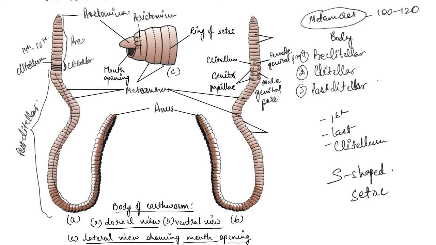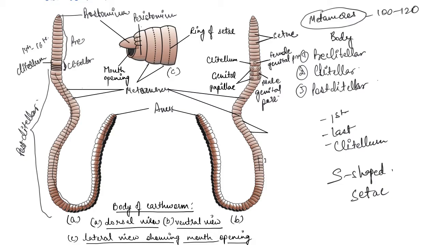So here you have setae, right? Now these setae are embedded in the epidermal pits in the middle of each segment. So say this is one segment; in the middle of the segment, these setae are embedded in the epidermal pits.